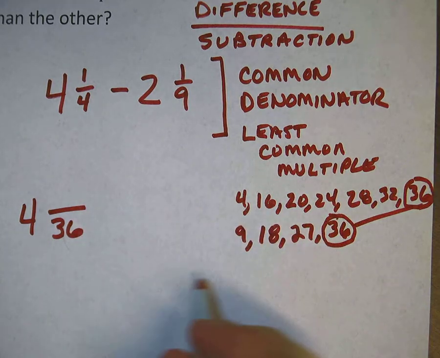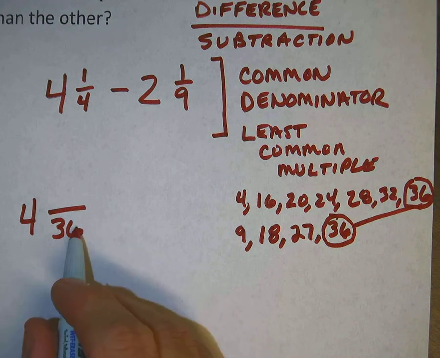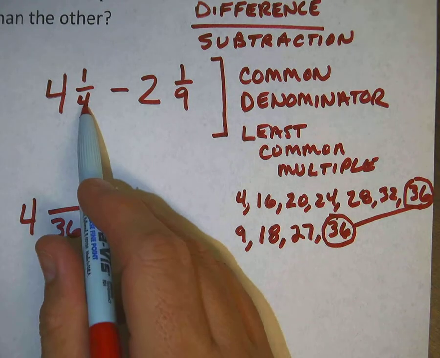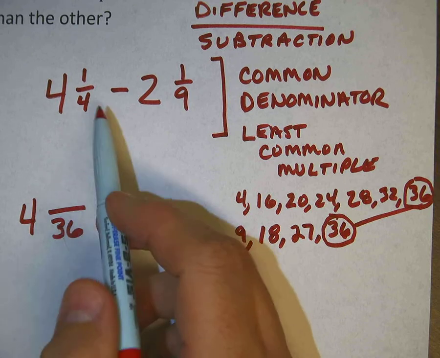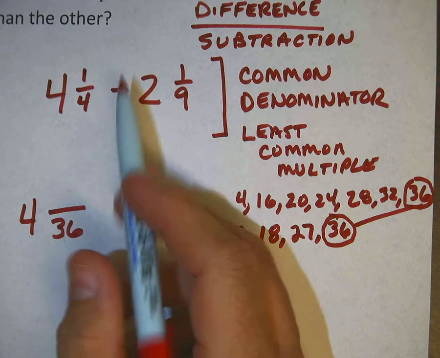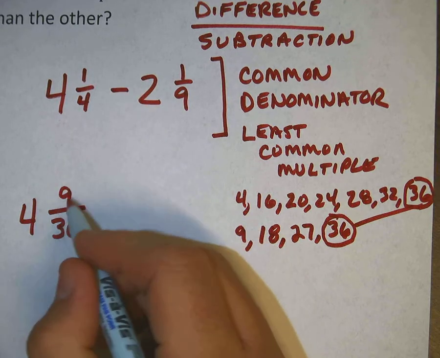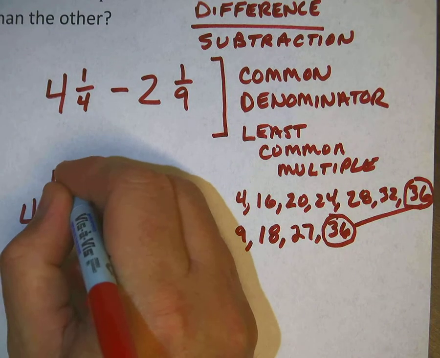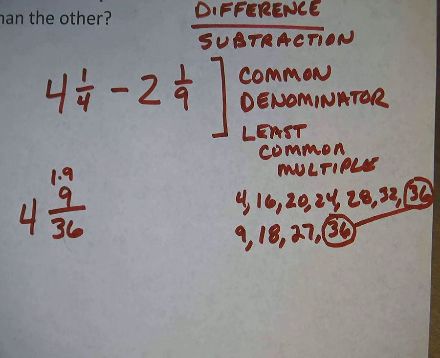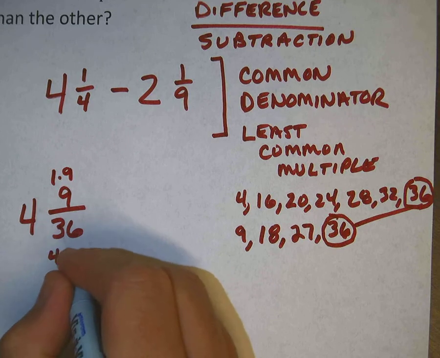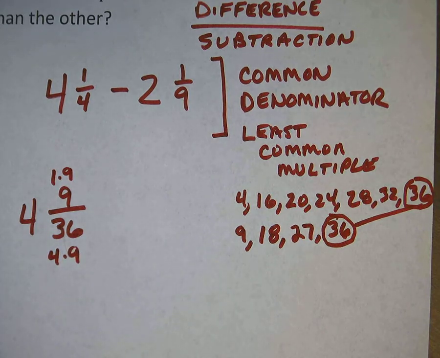Well, if I can't remember, 36 divided by 4 is 9. So if I multiply my denominator by 9, I need to multiply my numerator. So 1 times 9 is 9. I'm going to write this down here so you see how that got there.